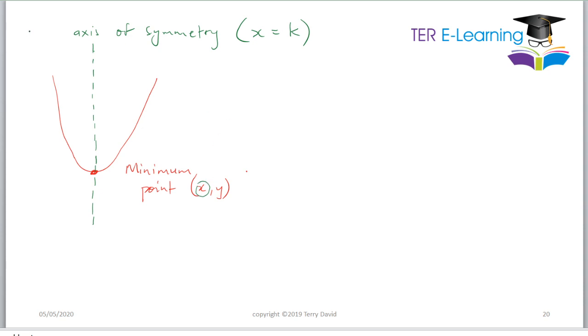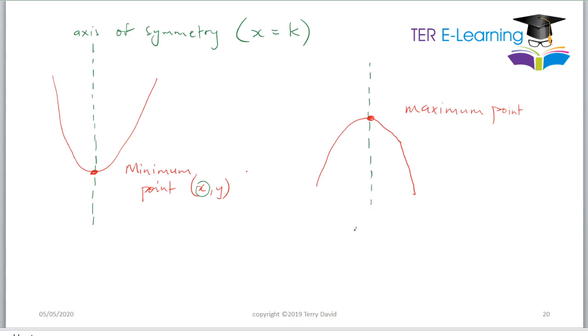Now, this is for a minimum point. The graph could also look like this. We spoke about the coefficient of x squared. If the graph looks like this, then we have what we call a maximum point. Also, the graph has an axis of symmetry again, because it's a quadratic.